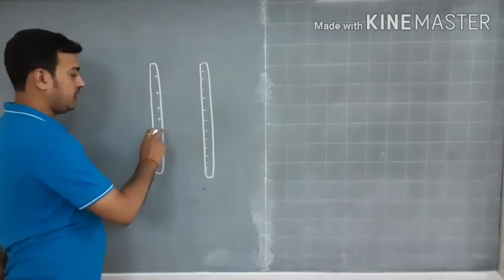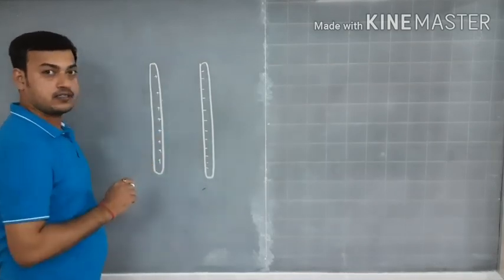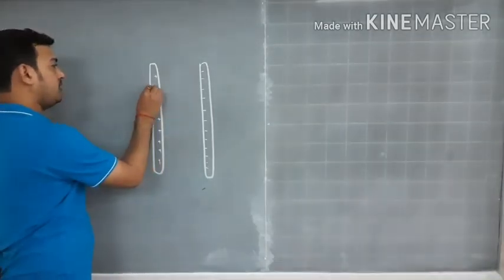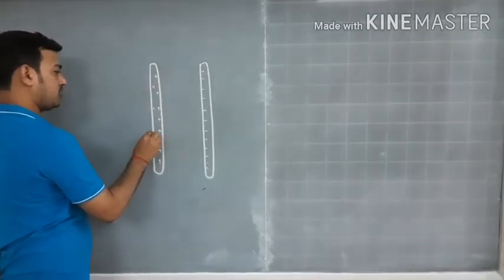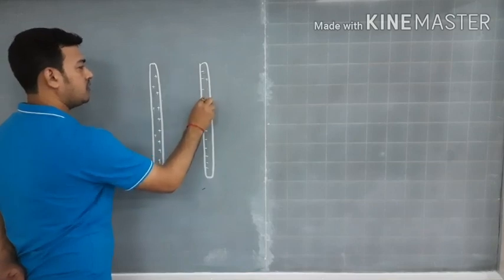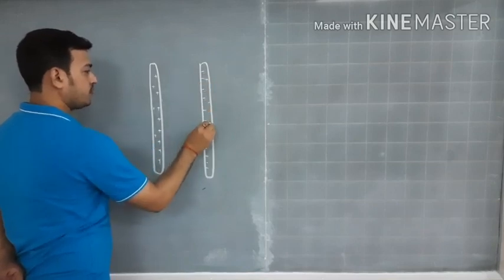As I told you, opposite charges attract each other, but there will be some charge on the outer surface too.